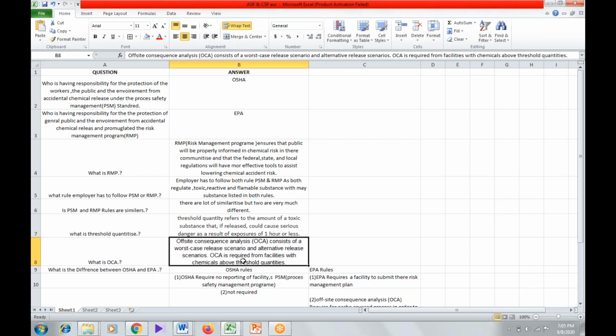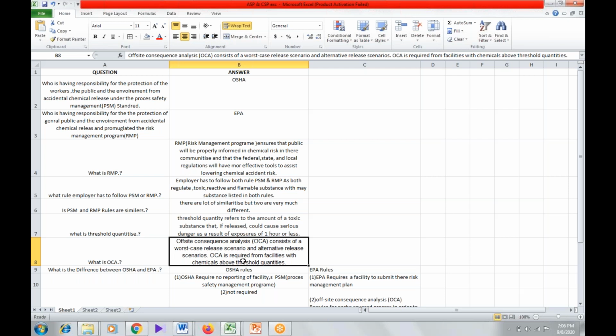What is the difference between this and the safety data sheet for this chemical? Between OCA, off-site consequence analysis, and the safety data sheet. Off-site means this is already prepared and you know all of the details of these chemicals before they come to the site or from the suppliers. And the safety data sheet also has the same thing.